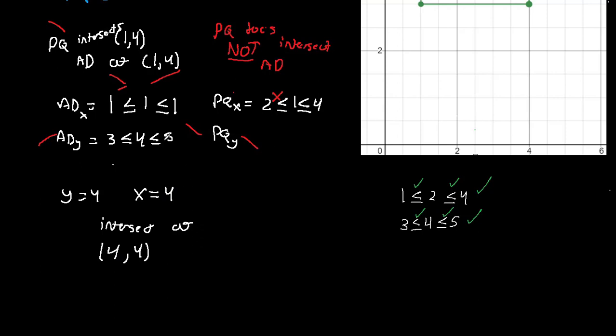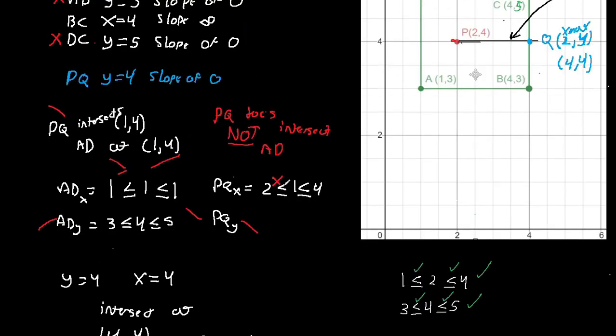So now we're going to do the exact same check we just did. We're going to do PQ x and PQ y. So we're going to say is 1, I'm sorry, let me scroll back up so we get the right numbers. So P is 2, 4, Q is 4, 4.